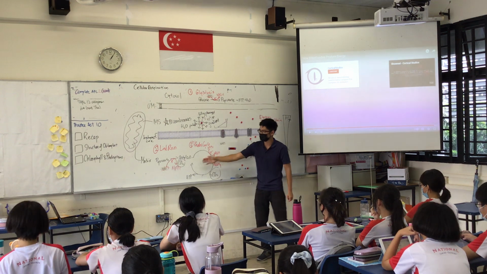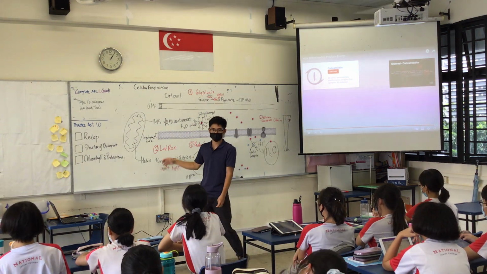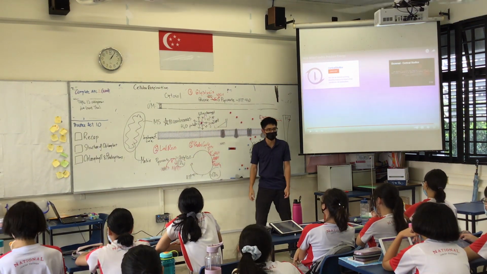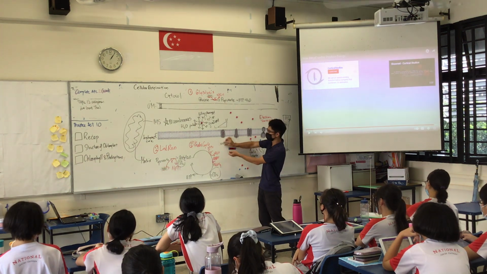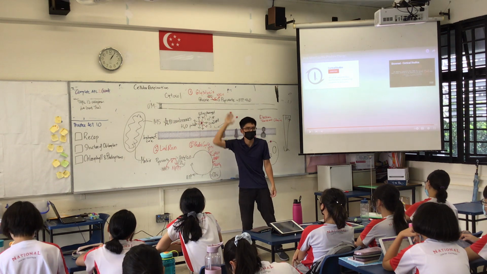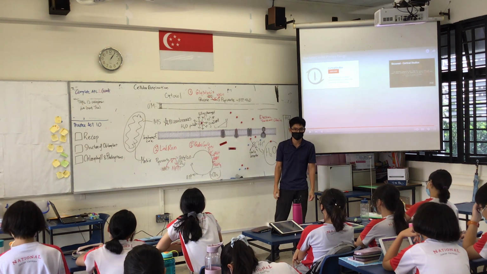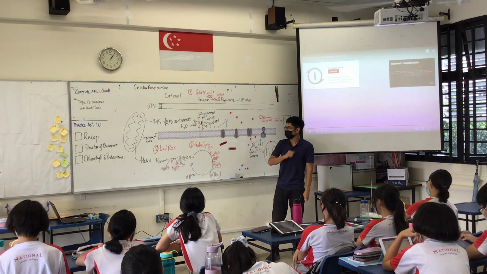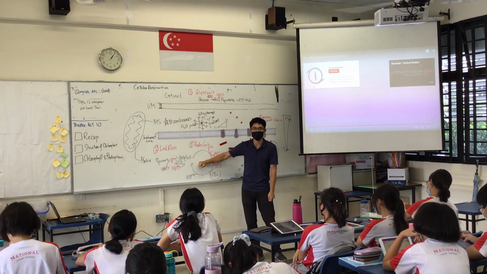Do you see the number of steps that require NAD plus? Lots of steps require NAD plus. If I'm unable to regenerate it by giving up electrons, a lot of the previous steps will start to grind to a halt. And so, sometimes people will say, oh, Krebs cycle requires oxygen.